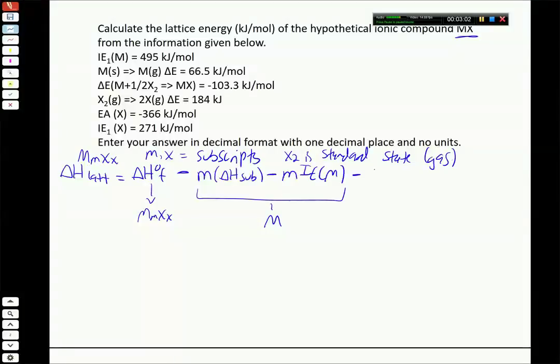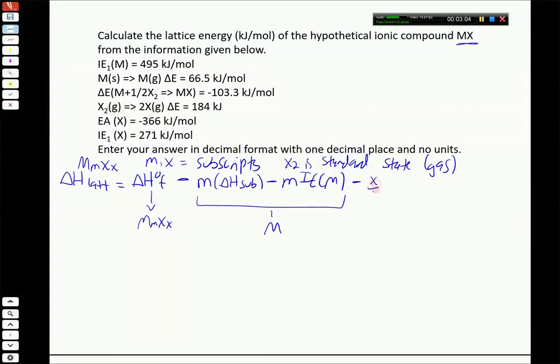So we're going to have x over 2 times the bond dissociation enthalpy, and then minus x times the electron affinity of the nonmetal. These two terms associate with the non-metal X, the bond dissociation enthalpy being for X2. So this is the equation we have.